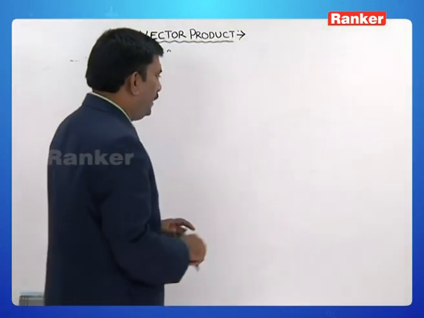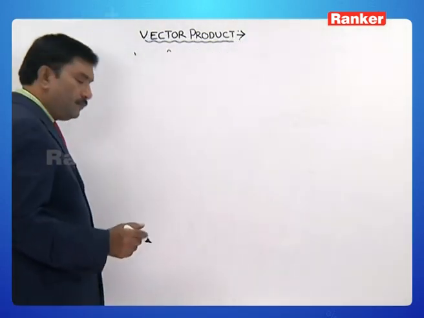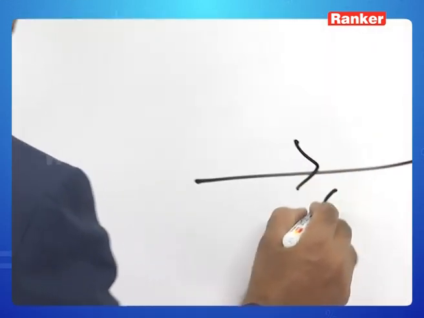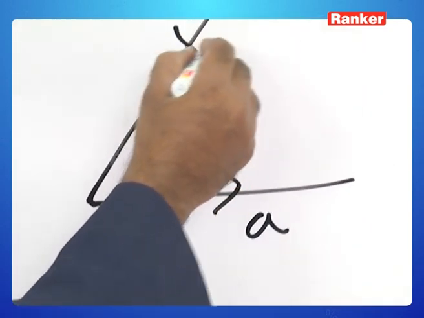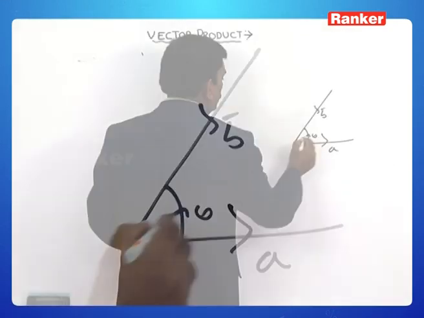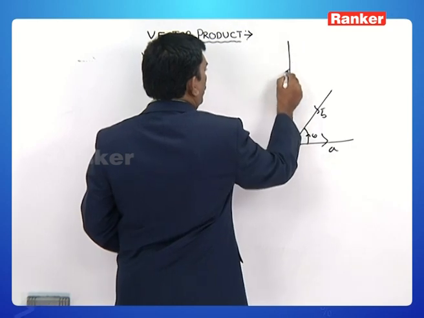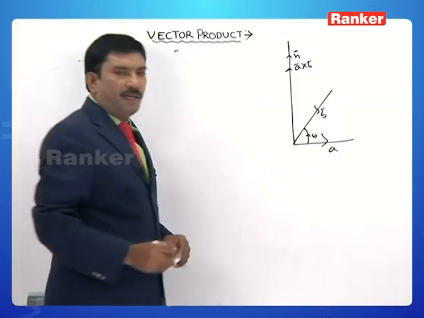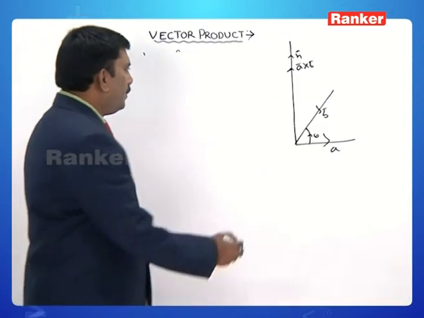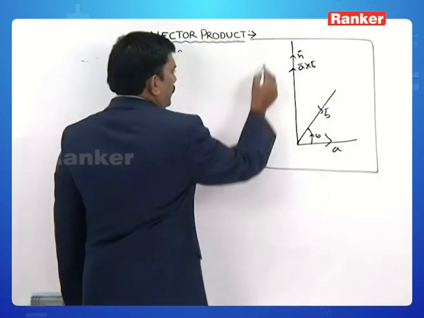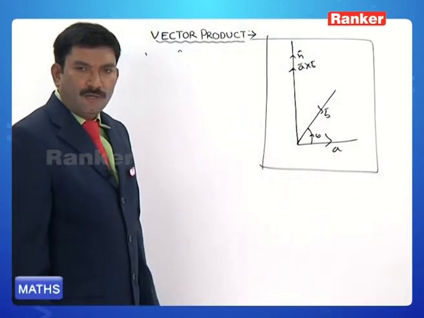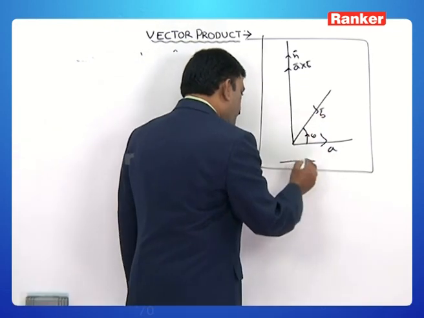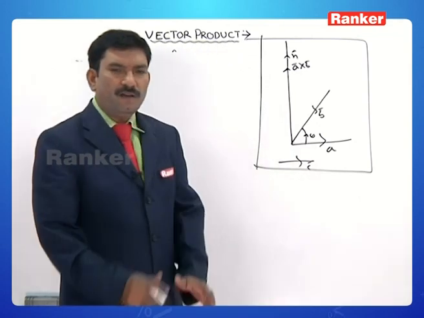Now, if I take this is A bar, if I take B bar, this is theta. This is nothing but A bar cross B bar. This is nothing but n cap. So now this whole plane, this board, is a plane. In this plane, A bar, B bar, C bar are also lying, irrespective of the position.